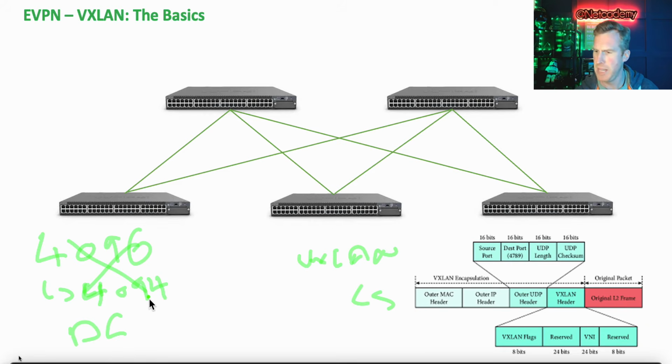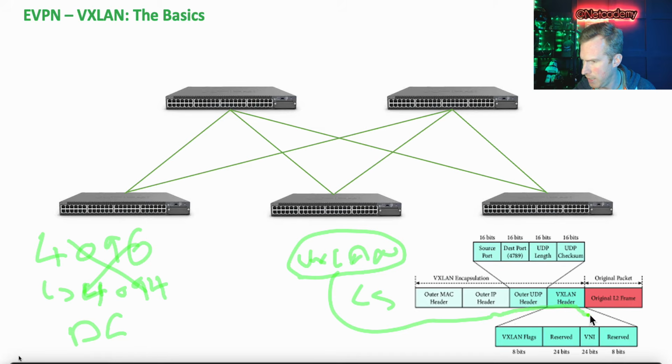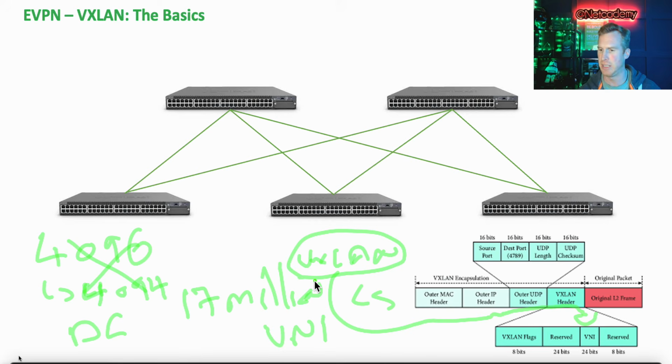So where does the VXLAN header actually come into this? Well, if you look at the header here, what you've got is the VNI, or virtual network identifier, and that is 24 bits long. If you do 2 to the power of 24, you come out with around 17 million. So VXLAN can support just under 17 million virtual network identifiers.